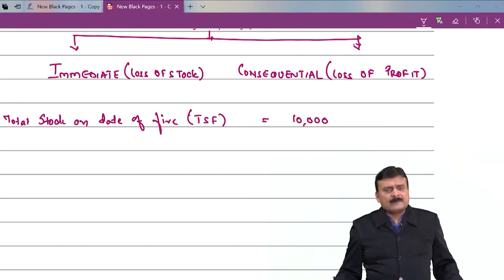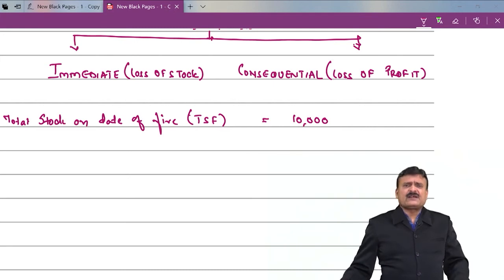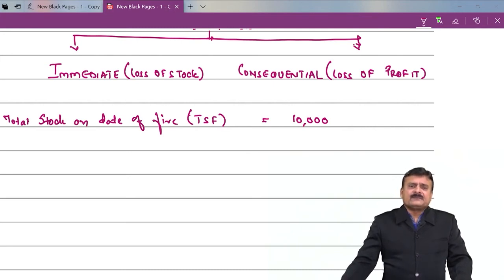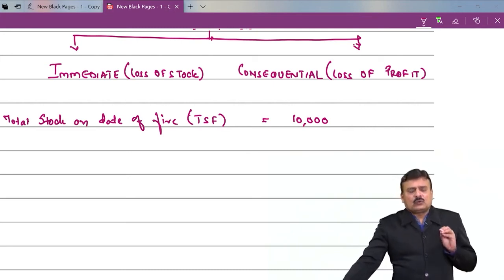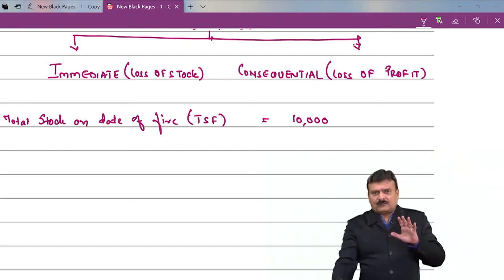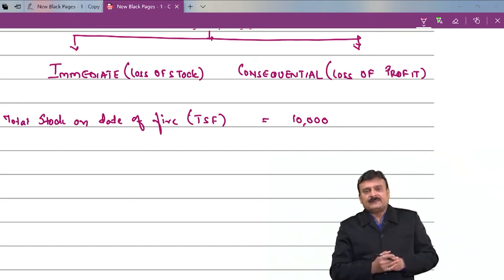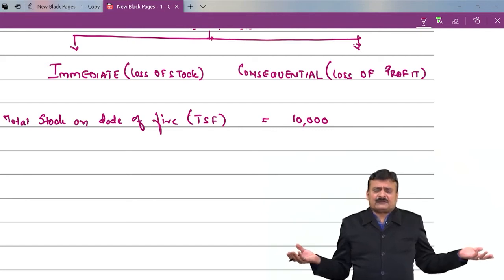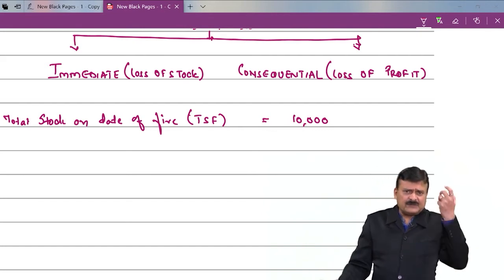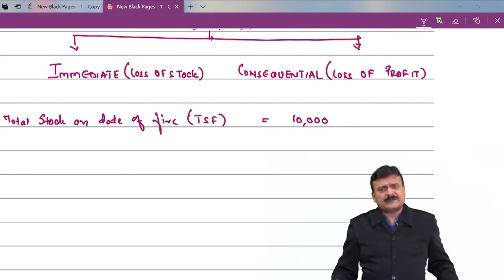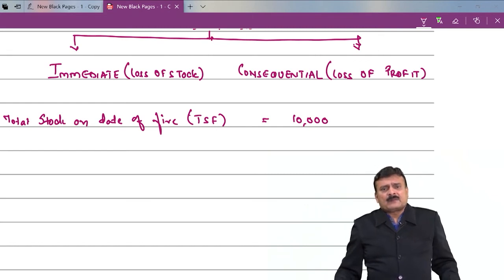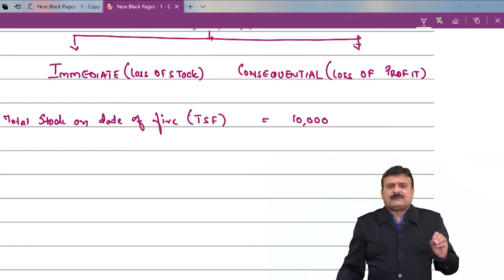Fine. He found out by inventory record or from seeing his trading account. Goods totaling 10,000 were lying in the shop when it caught fire. But naturally, anyone whose shop catches fire will try to save some goods, evacuate something. I assume that out of 10,000, he saved goods of rupees 3,000.